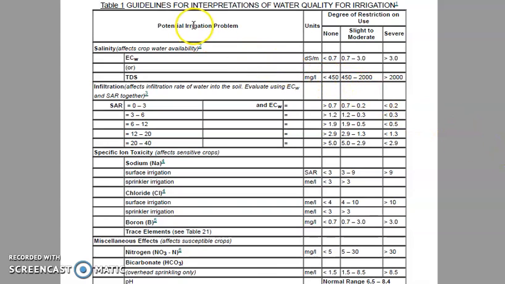This is the FAO table, a guideline for interpretation of water quality for irrigation. Actually, this table is very important when you are going to evaluate the water for irrigation.